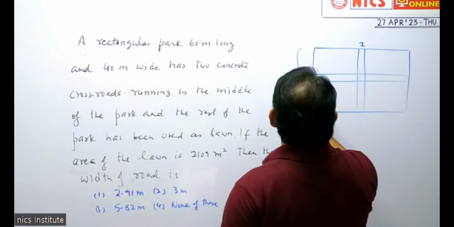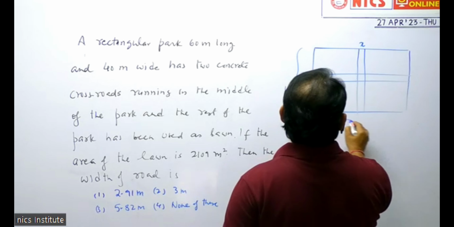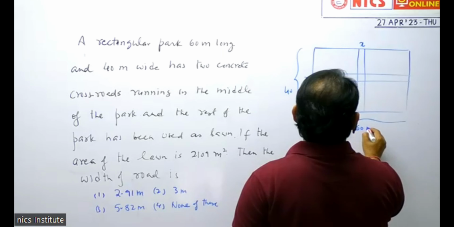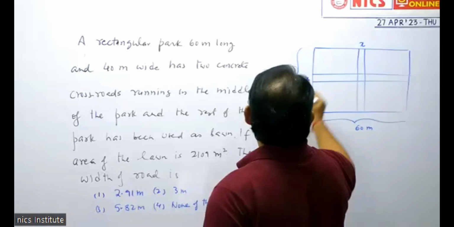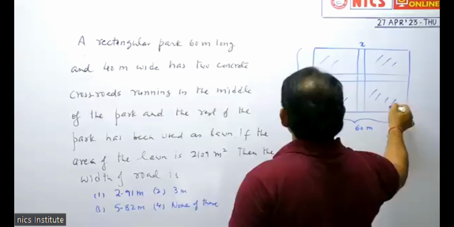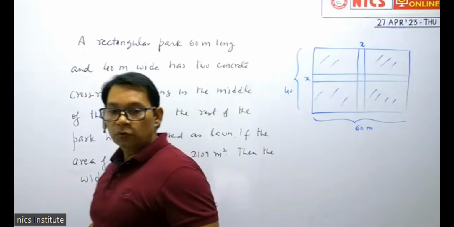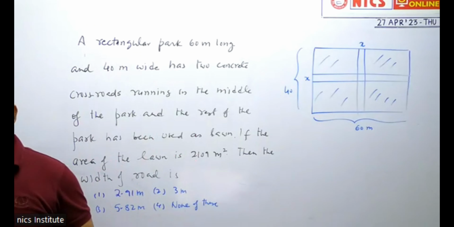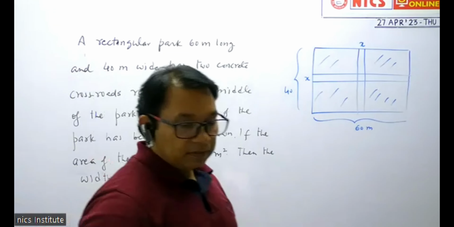This is 40 meter. This is 60 meter. This is a lawn. Its area has been given to you. You add the area of the road and then simplify this. Right, Anahita? You got it correct.